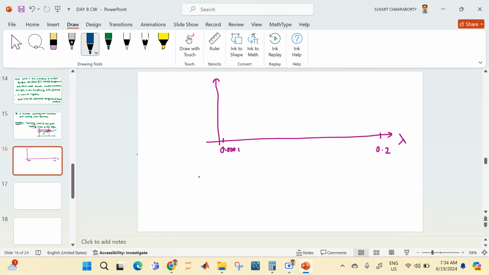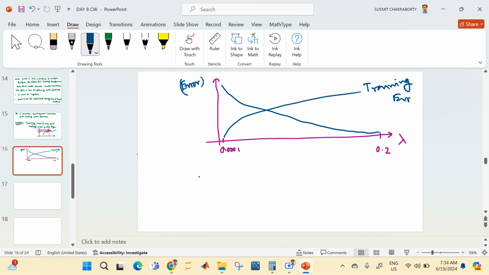So if lambda is very small, here I am writing error. It will start from here. Testing error gradually decreases, and training error increases. This is training error, and this is testing error.